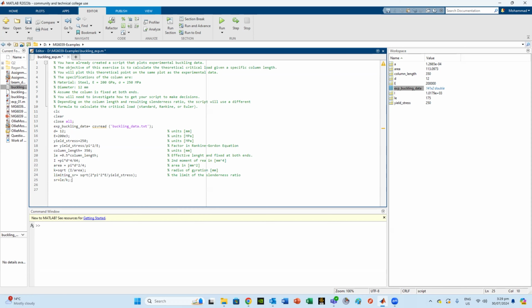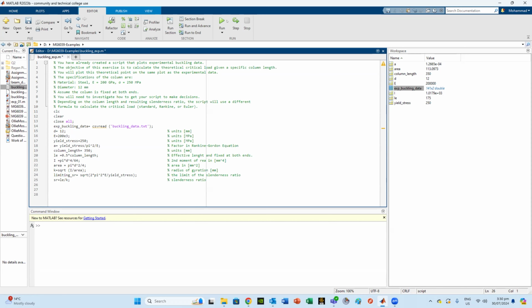So that one we call the slenderness ratio. I know it should be a comment, and that's why you make sure you organize whatever you can nicely. Okay, so now I have the limit.